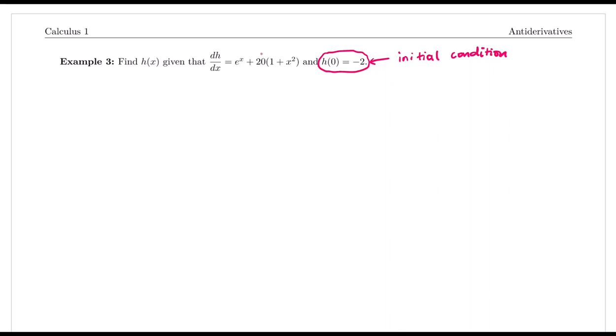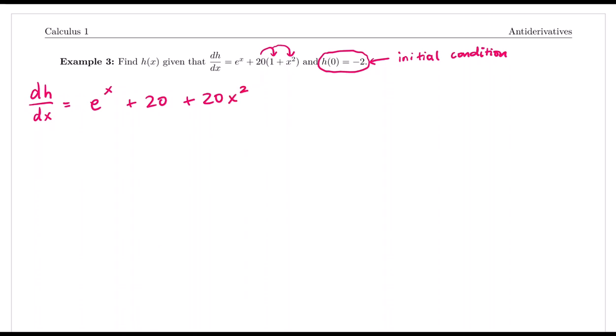Okay, now also I'm going to distribute this 20 in, and that will give us dh/dx is equal to e to the power of x plus 20 plus 20x squared.